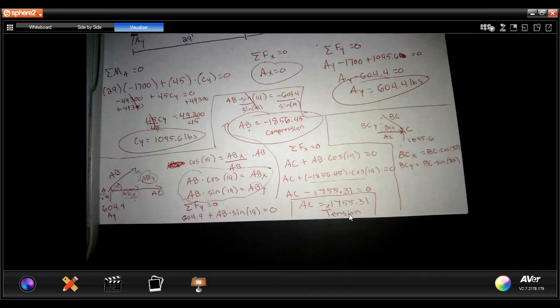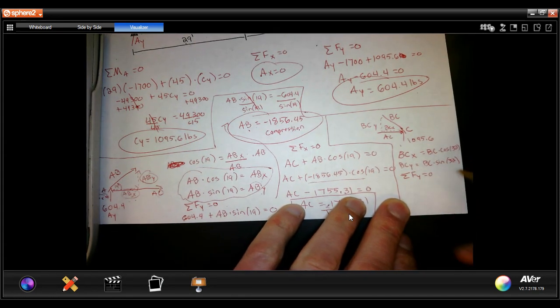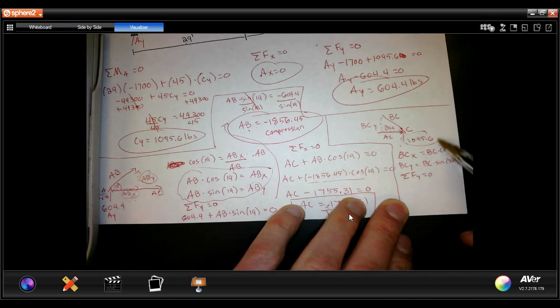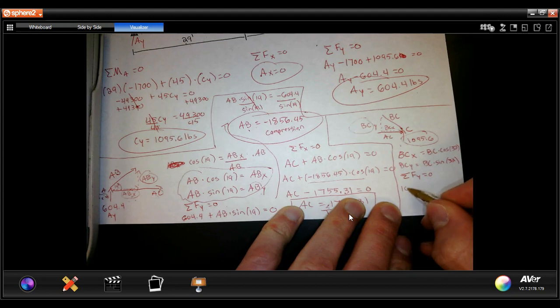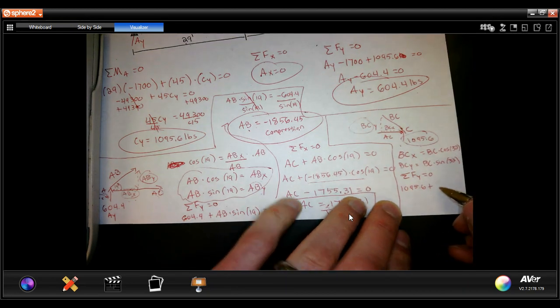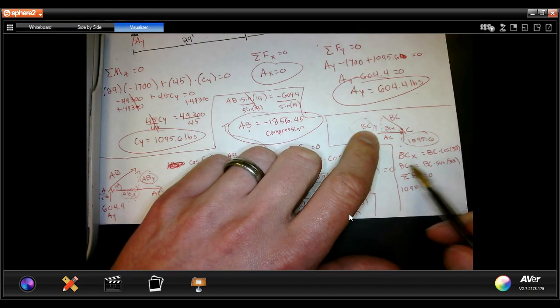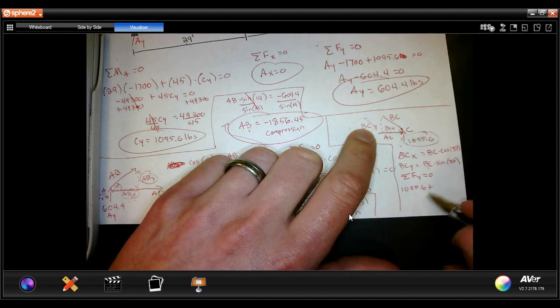So you really just need one other formula to solve for BC, and that would be summing the forces in the y direction. So the forces we have in the y direction are the reaction force at the roller C in the y direction and BCY. So we have a positive 1095.6, and then we have plus BCY, but BCY is equal to BC times sine 32, because BCY is in the y direction.